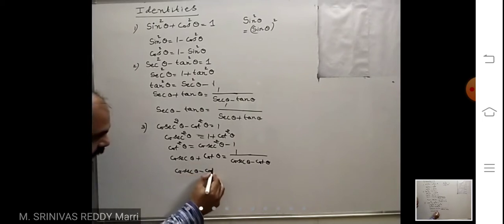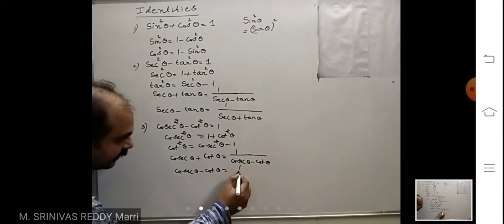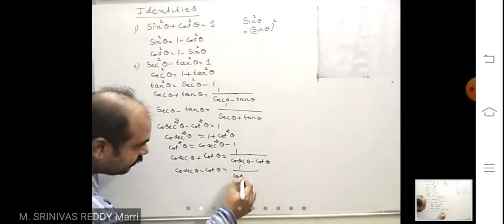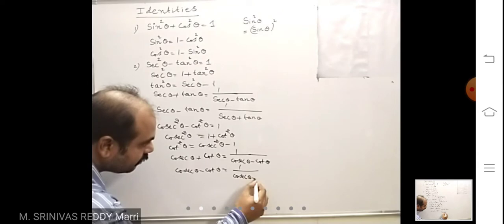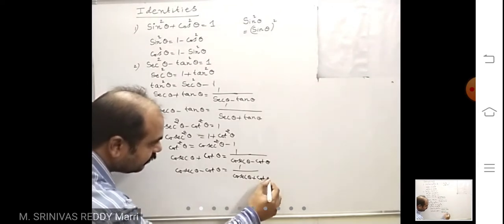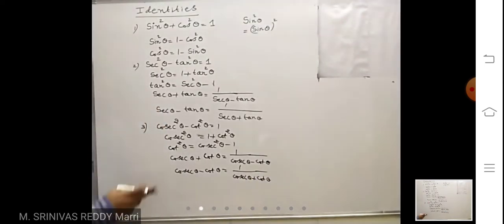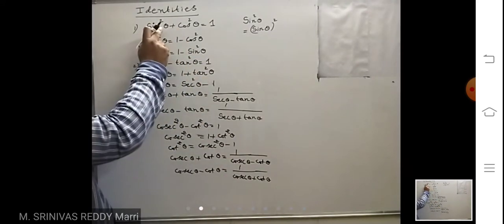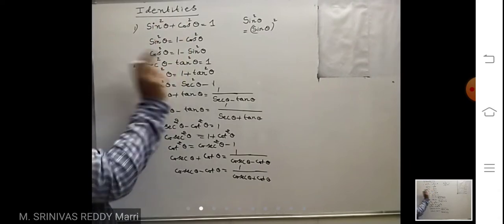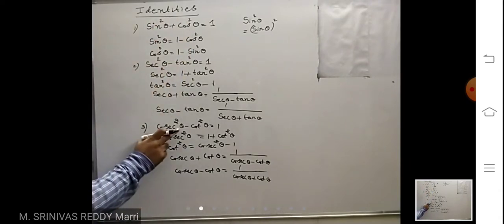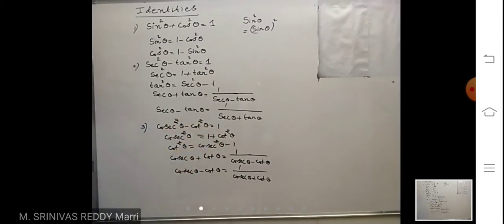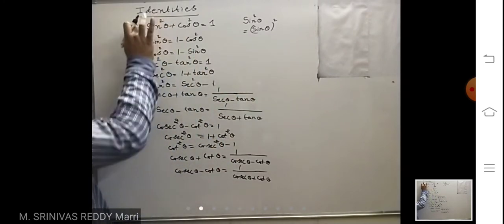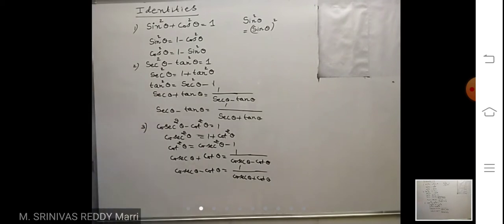Cosecant theta minus cot theta equals 1 divided by cosecant theta plus cot theta. Like that, three identities. The first one is in sin theta and cos theta, the second in secant theta and tan theta, the third in cosecant theta and cot theta. Whenever you want to convert, use these three basic relations. So these are the identities.